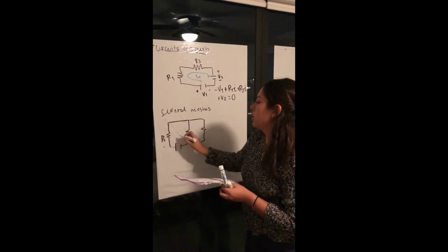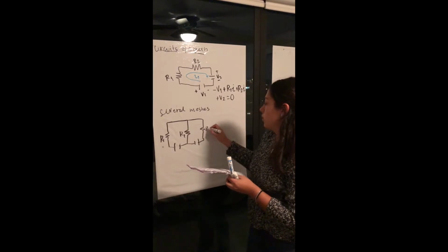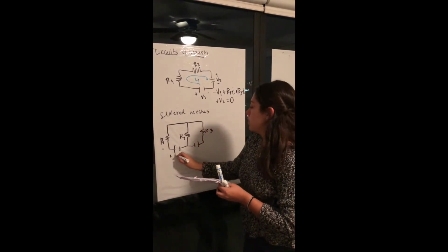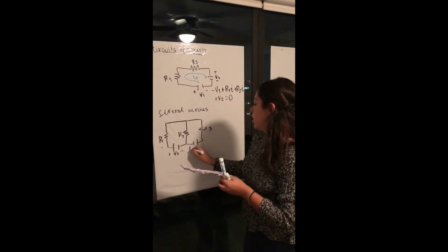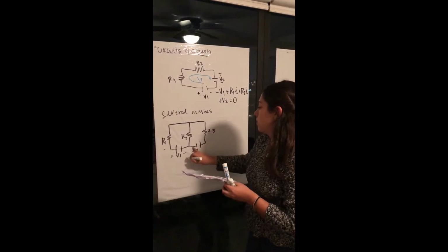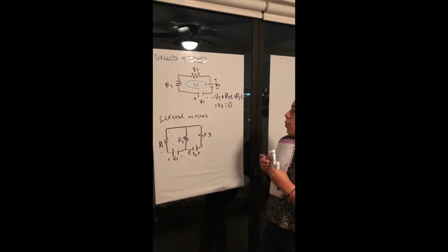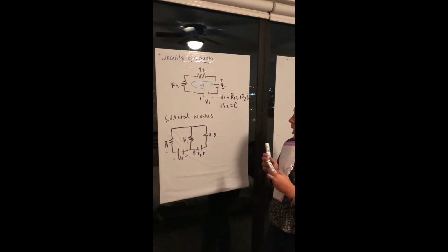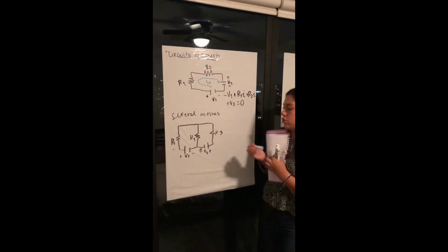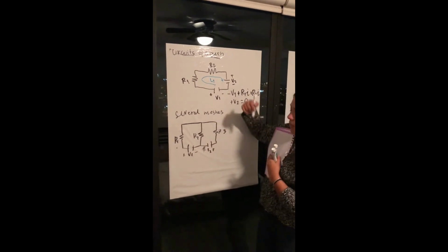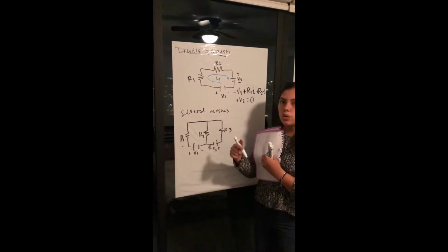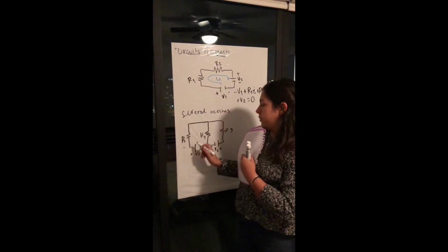So this would be R1, this would be R2, this would be R3, plus B1, minus B2. We always have to follow the voltage drop since that's how the current goes, as I said.